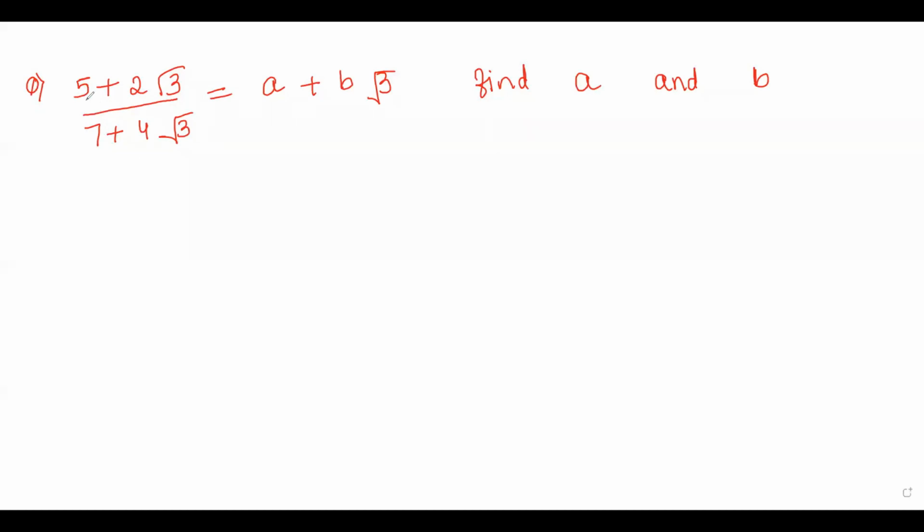In the next question, we are having 5 plus 2 root 3 by 7 plus 4 root 3 is equal to a plus b root 3. He is asking us to find a and b value. Let us take left hand side. 5 plus 2 root 3 by 7 plus 4 root 3. Rationalizing denominator.